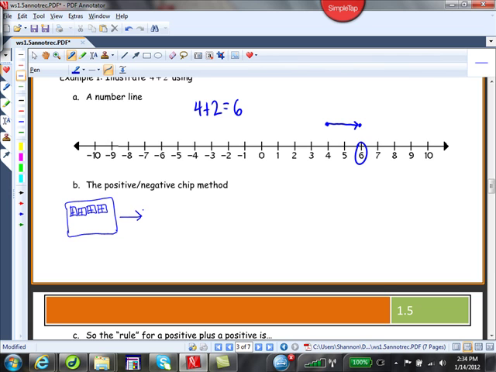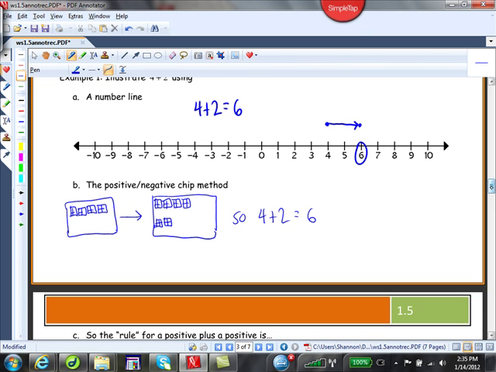Okay, so next up, we want to represent the 4 positives and then we also want to represent the two positives that shows us b. And notice that we have our result. There's no pairs, so 4 plus 2 is positive 6.